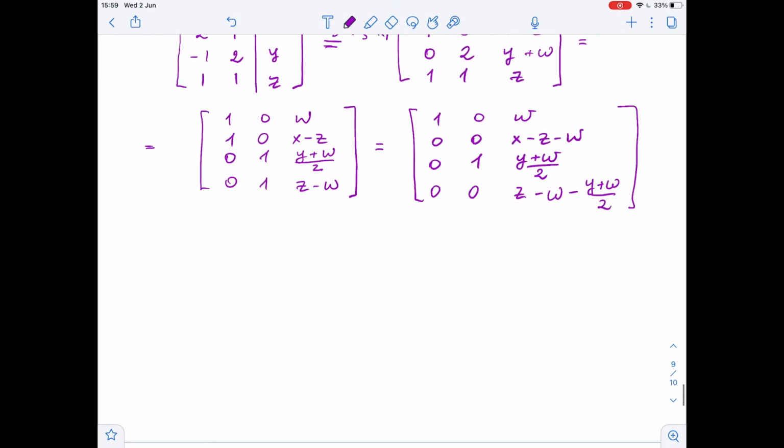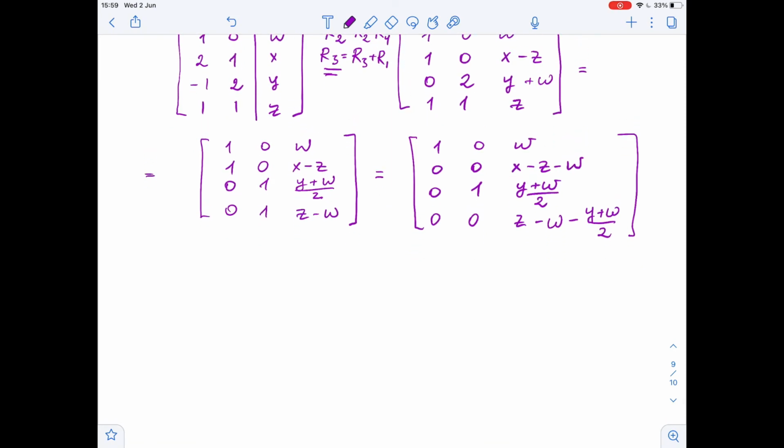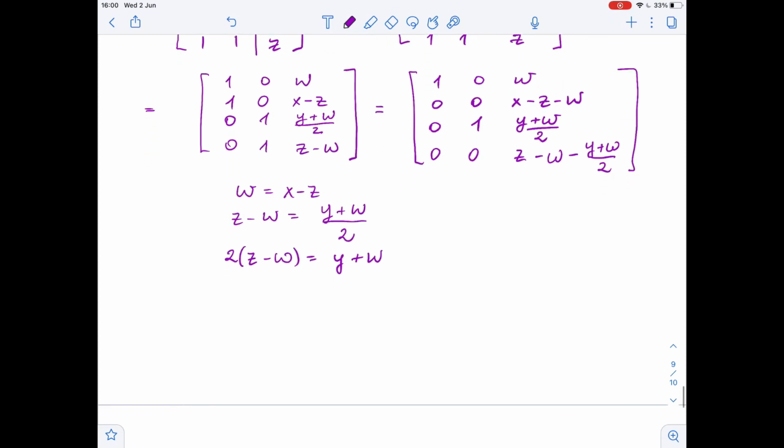Well, now we can try to solve it for W, X, Y, and Z. So we see that first of all W is equal to X minus Z, then Z minus W is equal to Y plus W over 2, which means that 2 times Z minus W is equal to Y plus W. We have just multiplied both sides by 2.